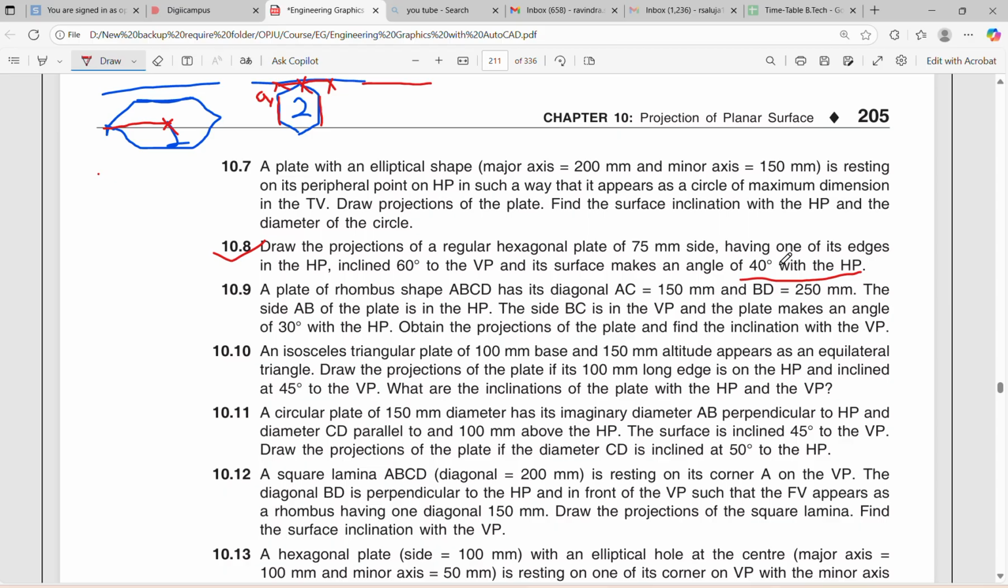So assume it parallel and assume the resting condition, and draw the first step. Second step, you need to consider the surface inclination. So here the surface inclination with respect to HP is given, so you need to draw it.